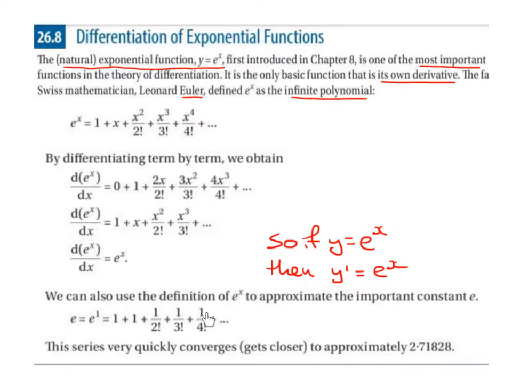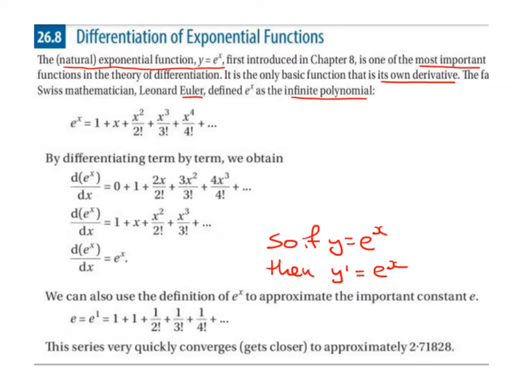So we got these numbers from e to the power 1, so letting x be 1. So we have 1 plus 1 plus 1 squared over 2 factorial, which is 1 over 2 factorial, plus 1 cubed over 3 factorial, which is 1 over 3 factorial, plus 1 to the power 4 over 4 factorial, which is 1 over 4 factorial, and so on.